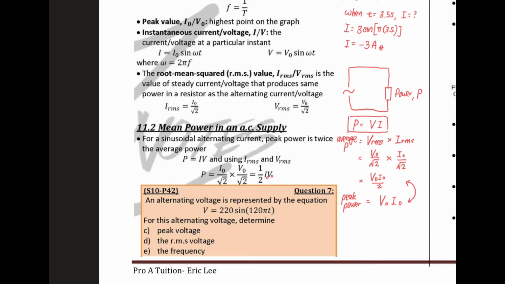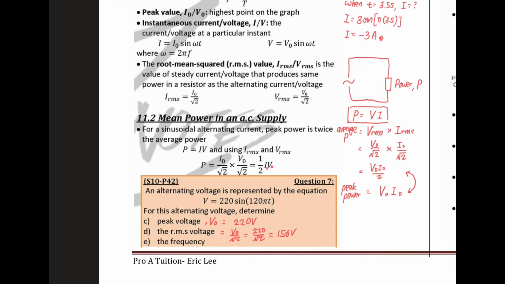Peak voltage means V naught, so it's 220 volts. The root mean square voltage formula is V naught over square root 2, so it's 220 over square root 2, equal to 156 volts.